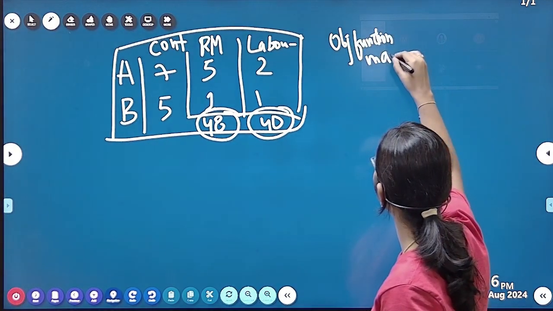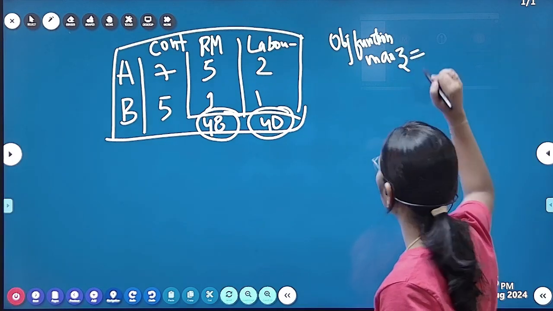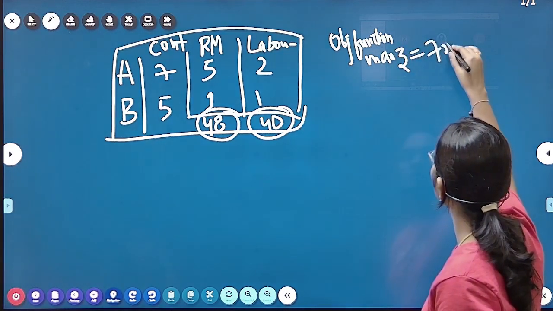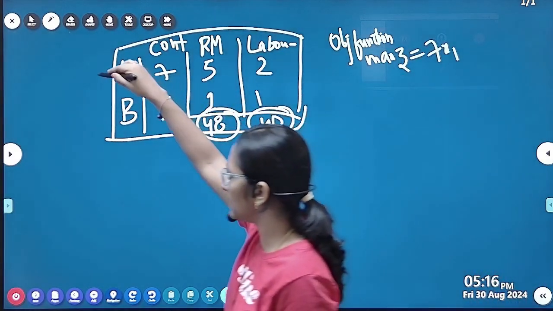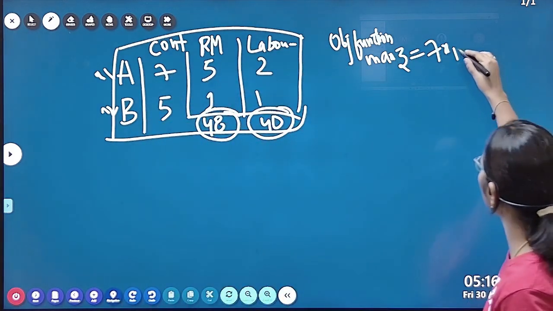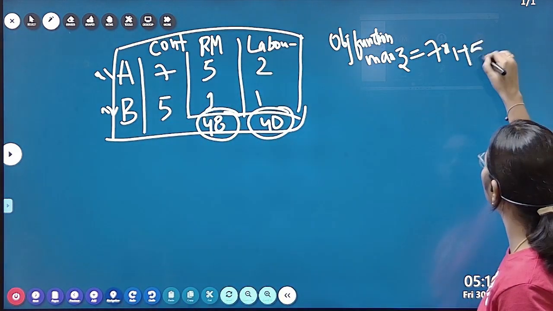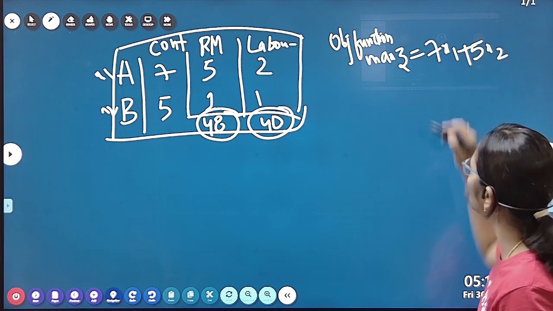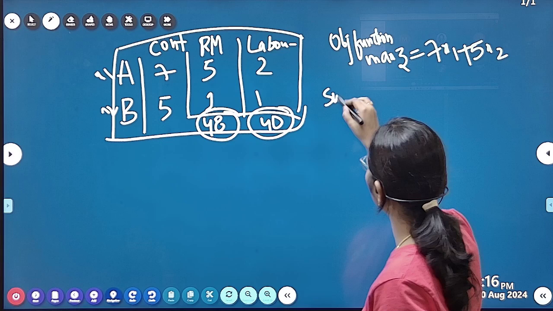Maximize Z is equal to 7x1 plus 5x2. Let us treat A as x1 and B as x2. So tell me the constraints, subject to constraints.